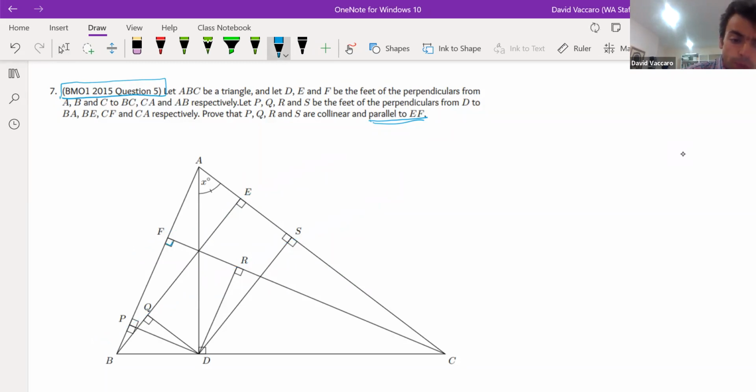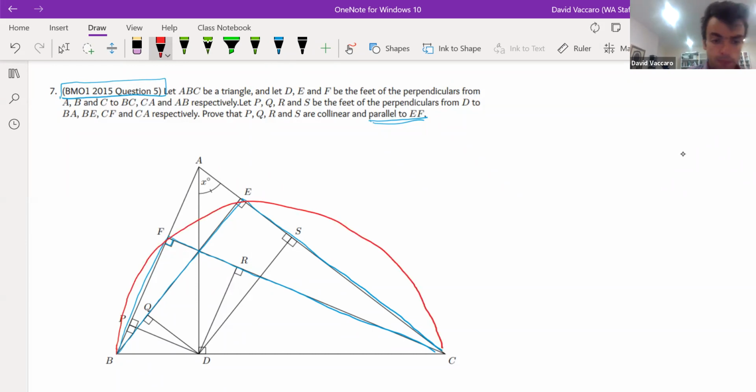We've got this right-angled triangle BFC, and we've got this right-angled triangle BEC. So what we know is that F and E both lie on a semicircle that has diameter BC.